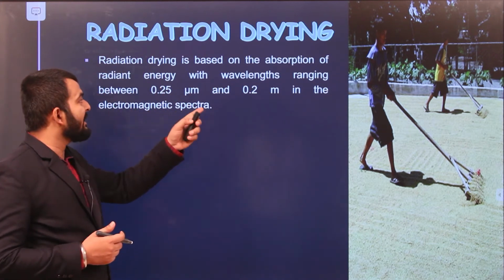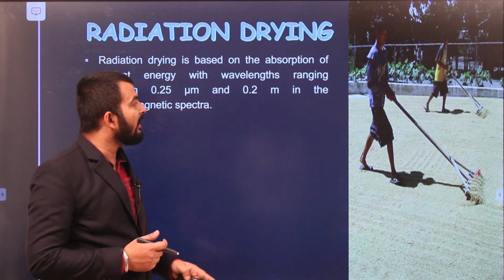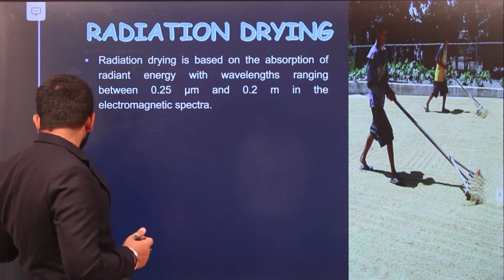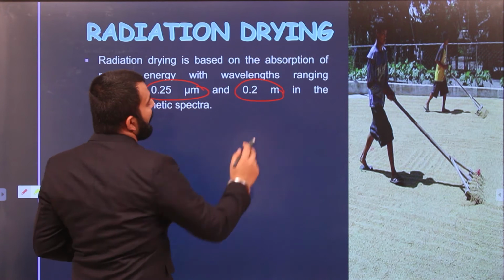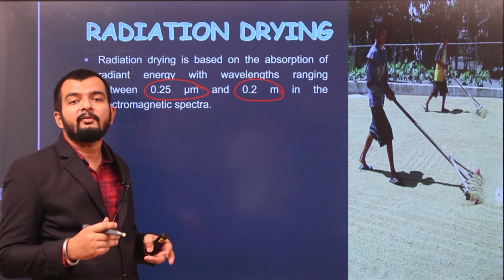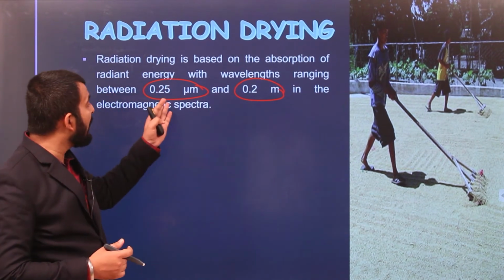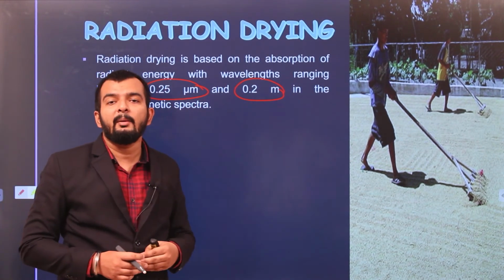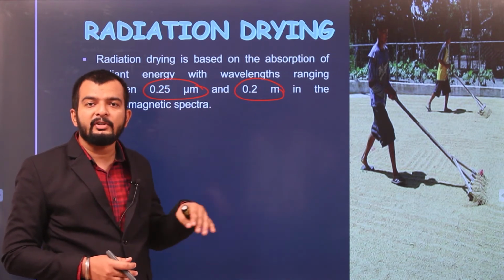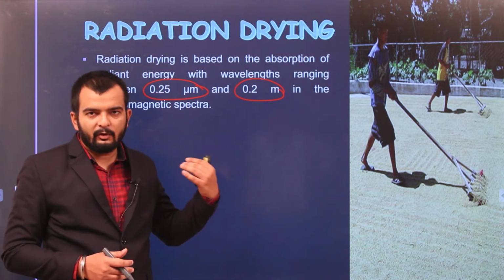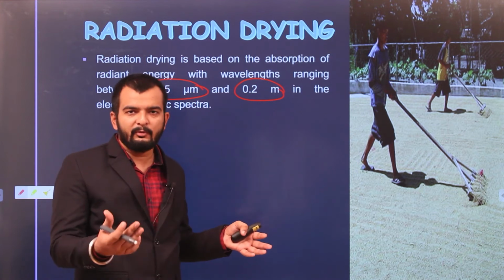So moving on to radiation drying. Radiation drying is based on the absorption of radiant energy with wavelength ranging between 0.25 micrometer and 0.2 meter. The electromagnetic radiation has the capacity to heat the surface on which it falls. It will carry some amount of heat with it, in the form of photons.